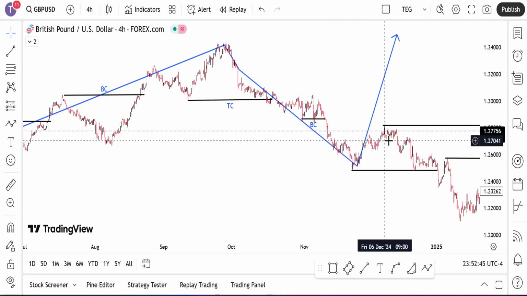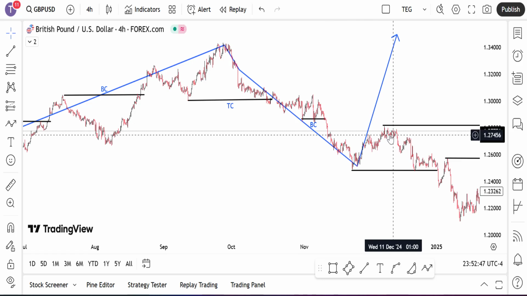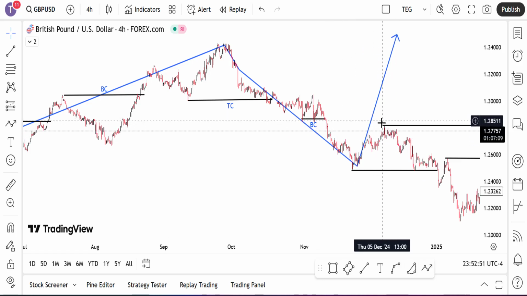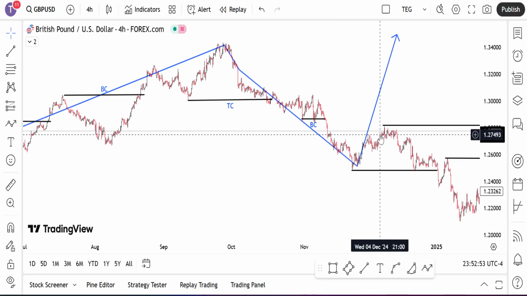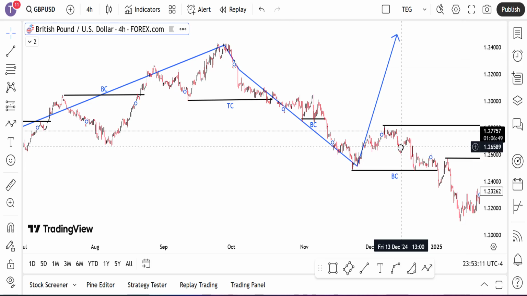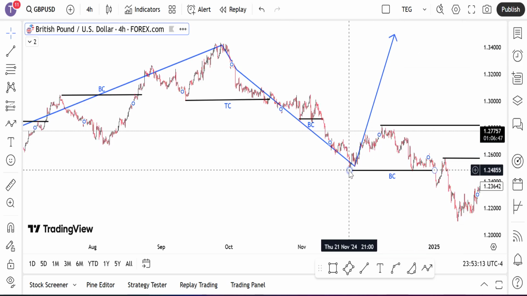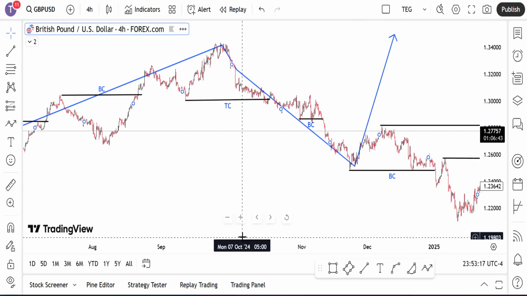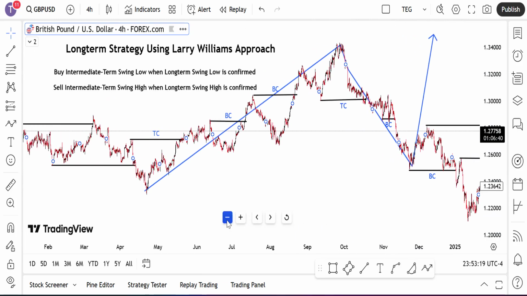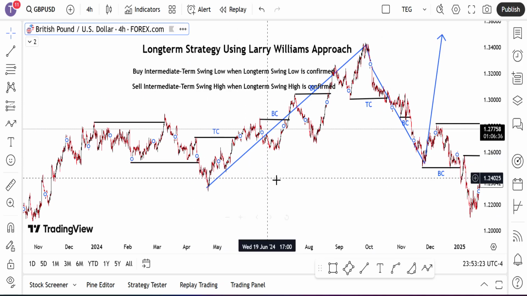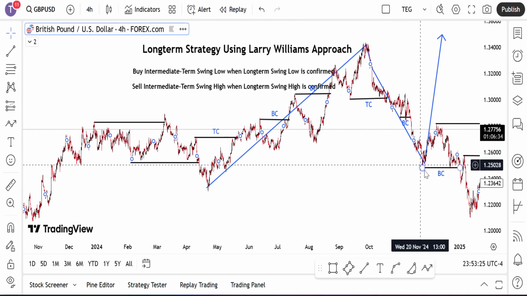So from this place to this point, this is our intermittent swing highs. So people sell at this intermittent swing highs. What happened? Price takes out our long-term swing lows in the market. This is like what I explained earlier on. If you remember, after price hits this, our long-term swing lows, remember this is now our long-term swing low.